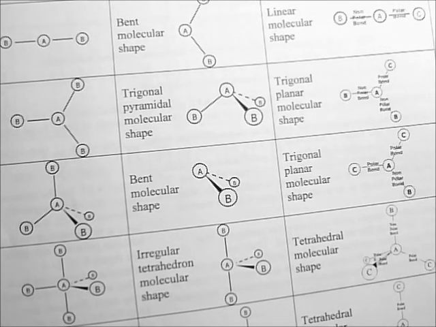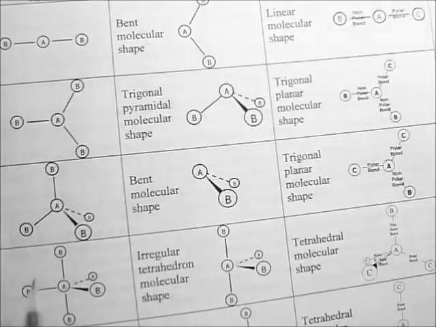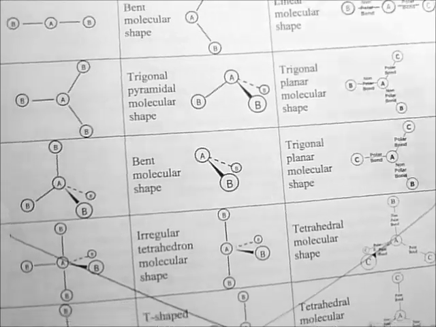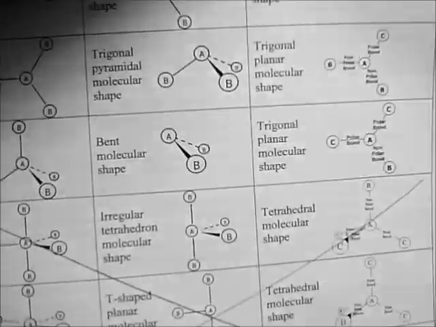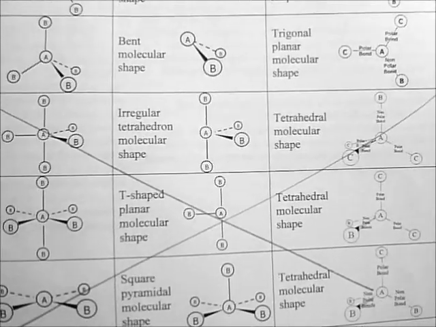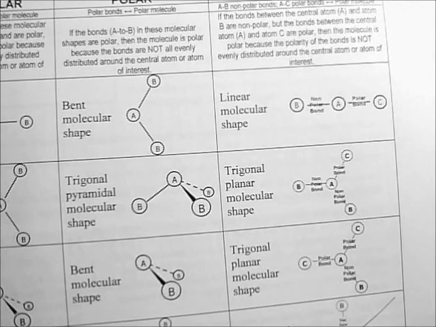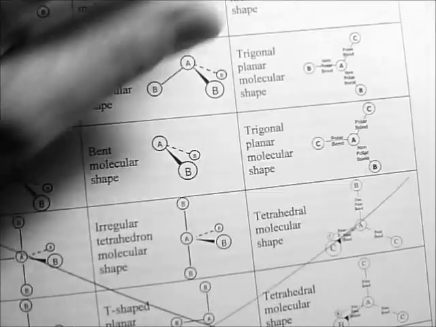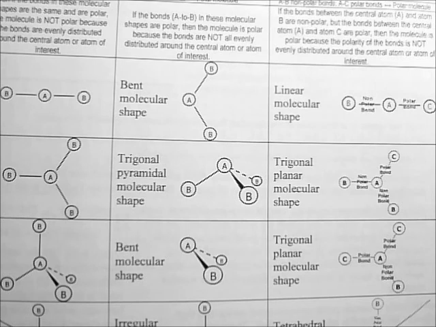So only focus on the first three sets of illustrations, the ones that matter for this class. Those down at the bottom are honors chemistry molecules. If you're going into medicine, it's very unlikely you'll ever see these down here anyway. In medicine, you're almost always going to see just that setup at the top.